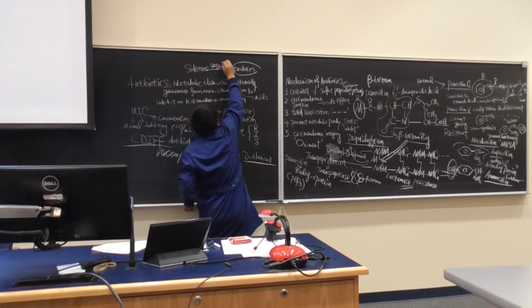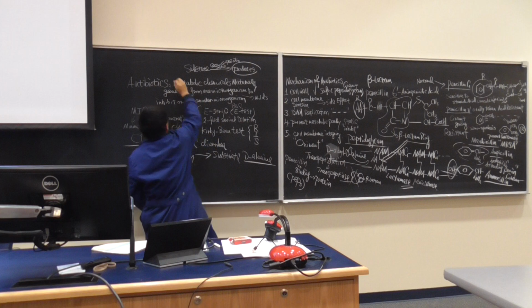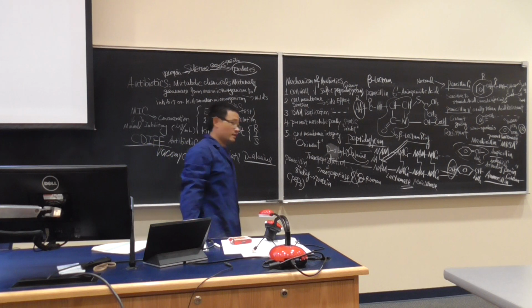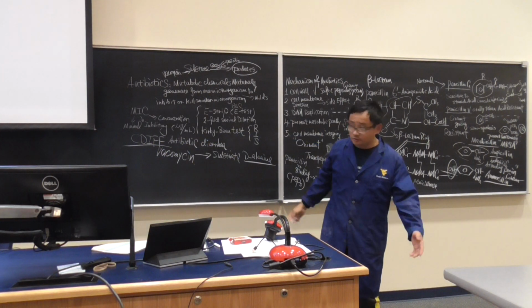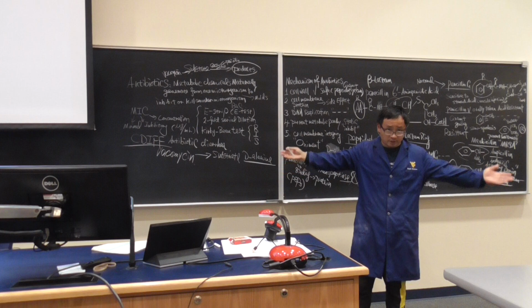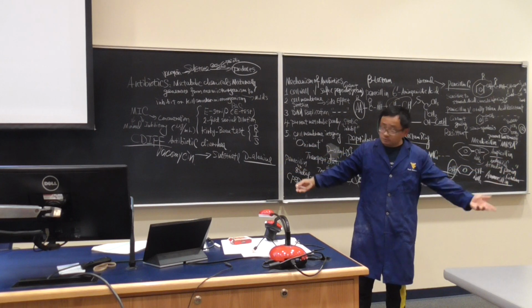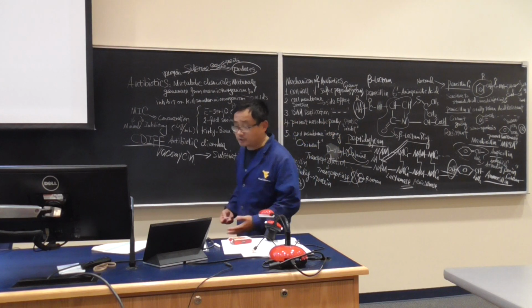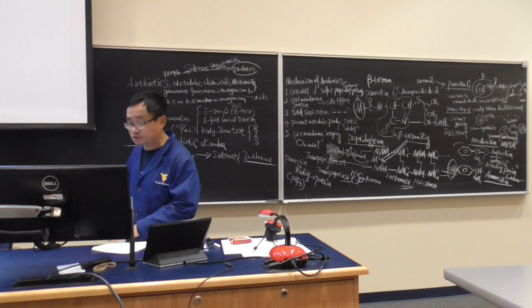So penicillin attacks the enzyme transpeptidase, and vancomycin attacks the substrate, which is the amino acid. However, it may not work, because bacteria could generate a multi-drug resistant phenomenon.